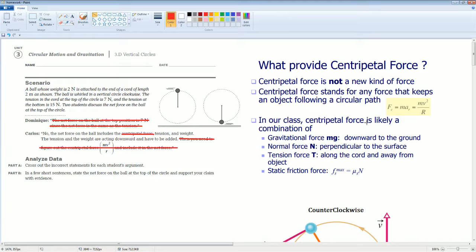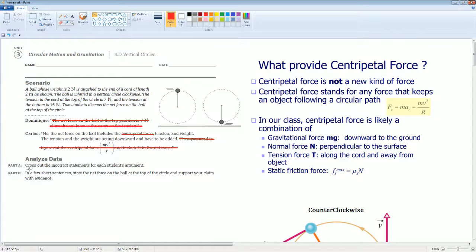In our class, it is a combination of certain things: the gravitational force, which is mg, the normal force, which is N and is always perpendicular to the surface, tension, which is T, and sometimes the static frictional force. These are all the forces that make up the summation of the forces in a circle, which we call the centripetal force. There is no such thing as just the centripetal force. Centripetal force is a summation or a combination of all these forces.